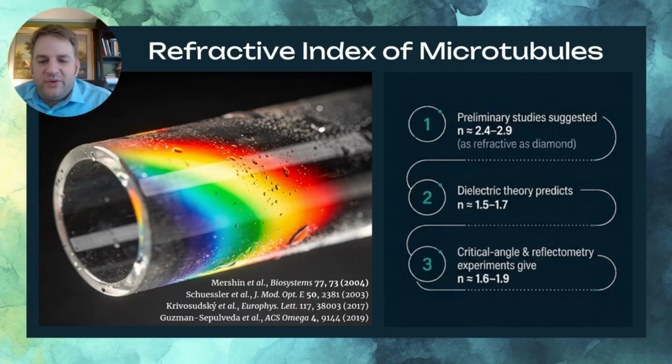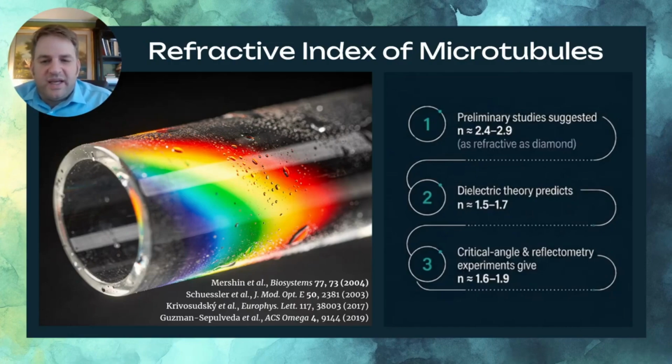And in fact, critical angle and reflectometry experiments have affirmed that estimate, predicting a refractive index between 1.6 and 1.9, perhaps a little higher than that predicted by dielectric theory, but not as large as something like a very sparkly object like a diamond with a refractive index well above 2. So I think a little further work needs to be done on this.